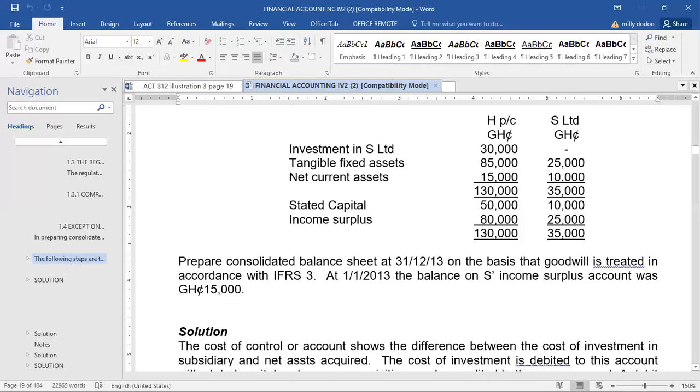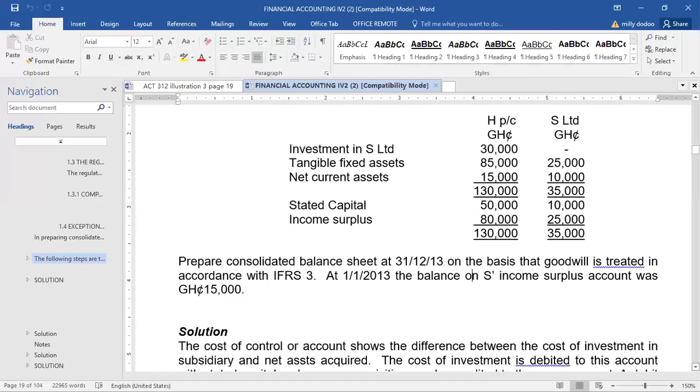When we say we are maintaining the goodwill, it means that it is going to appear on the balance sheet. Number two, either we write off goodwill from the accounts. And when we write off goodwill, it means that it is not going to appear on the face of the balance sheet.